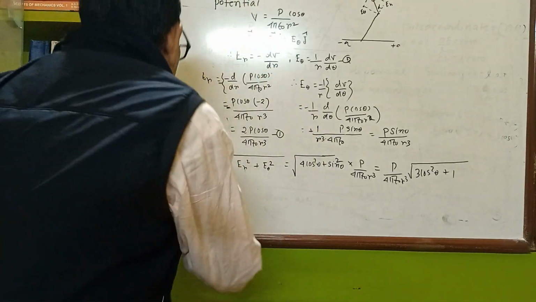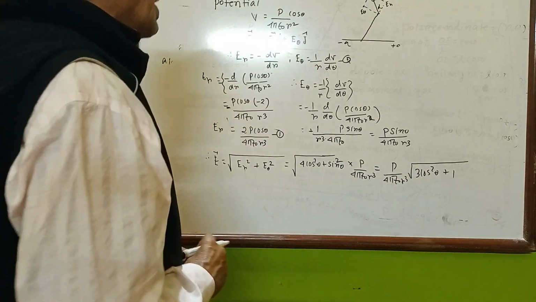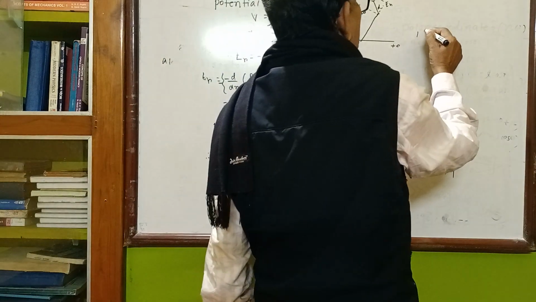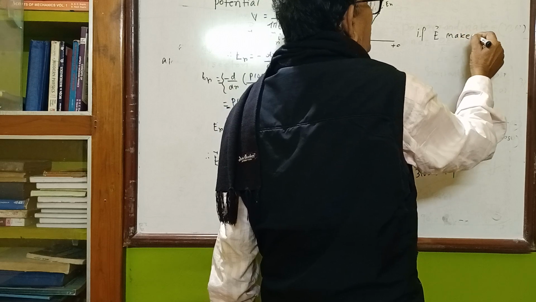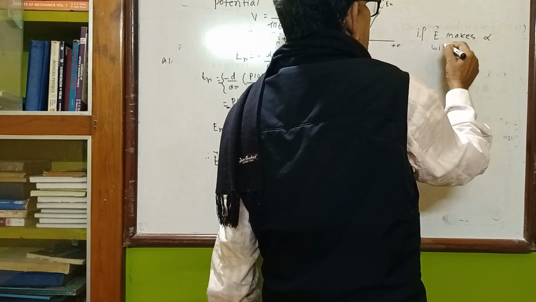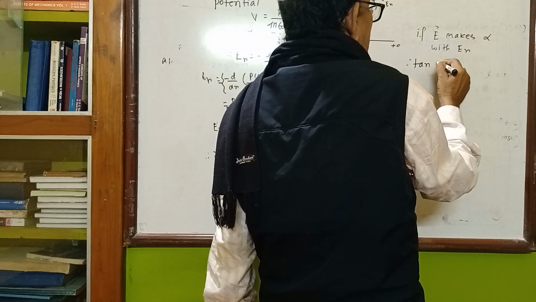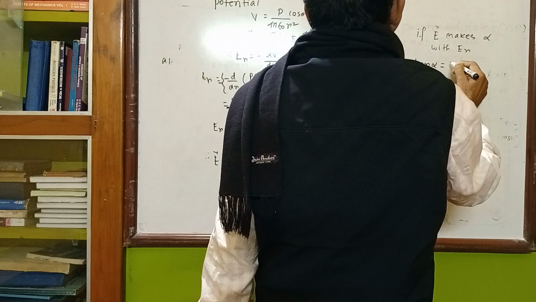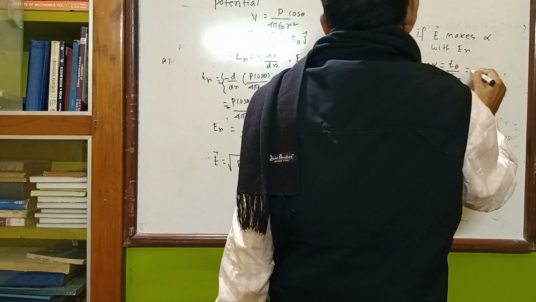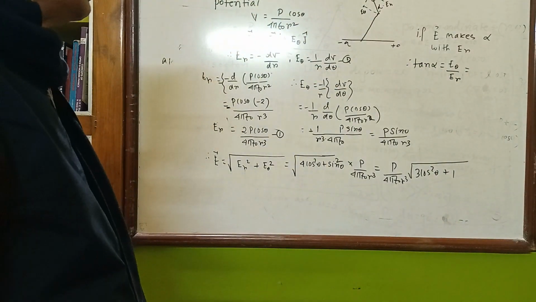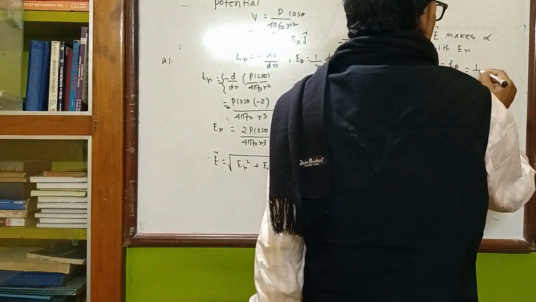And if this resultant field E makes angle alpha with E_r, then tan alpha equals E_theta by E_r. Already E_theta and E_r you have calculated, so you are getting half tan theta.